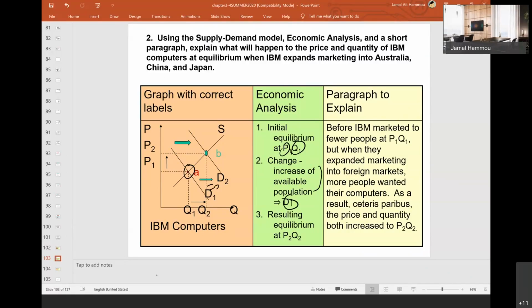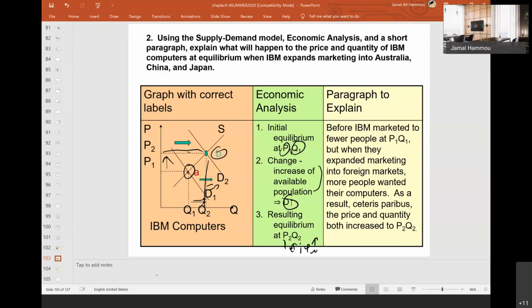Now the market moves from A to B, the new equilibrium with price P2, Q2. Then I compare the old price with the new price and the old quantity with the new quantity. Price goes up and quantity goes up.